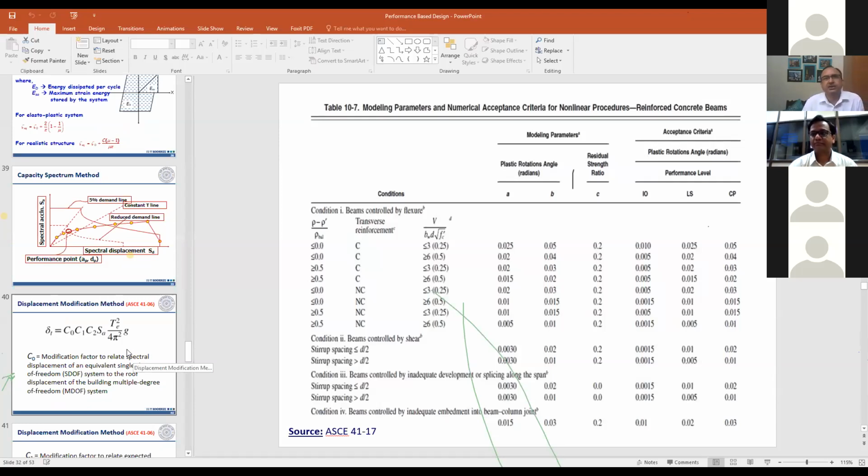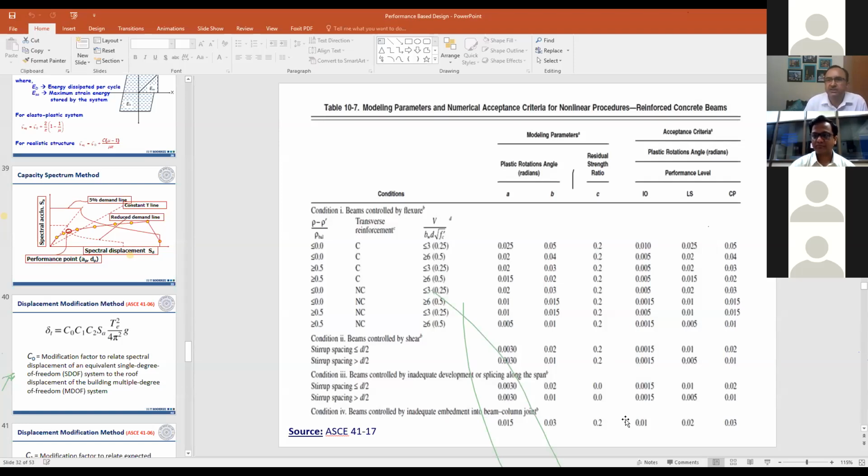ASC 41 does not give much detail of time history analysis, that is, how we have to do time history analysis. It does not provide you the details of hysteresis. It only says that you have to model hysteresis realistically. But for the performance level, this table is valid for time history analysis as well.